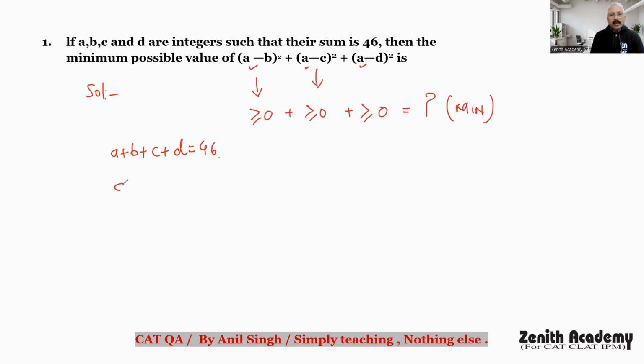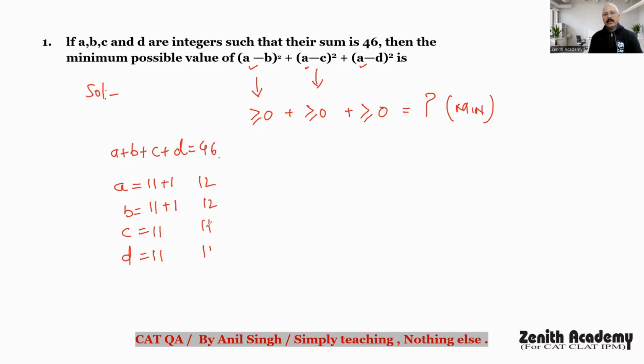Okay, so in this scenario, if I do one thing, A is 11, B is 11, C is also 11, and D is also 11. So 11 for the 44, we still have a 2 left to make the sum 46.